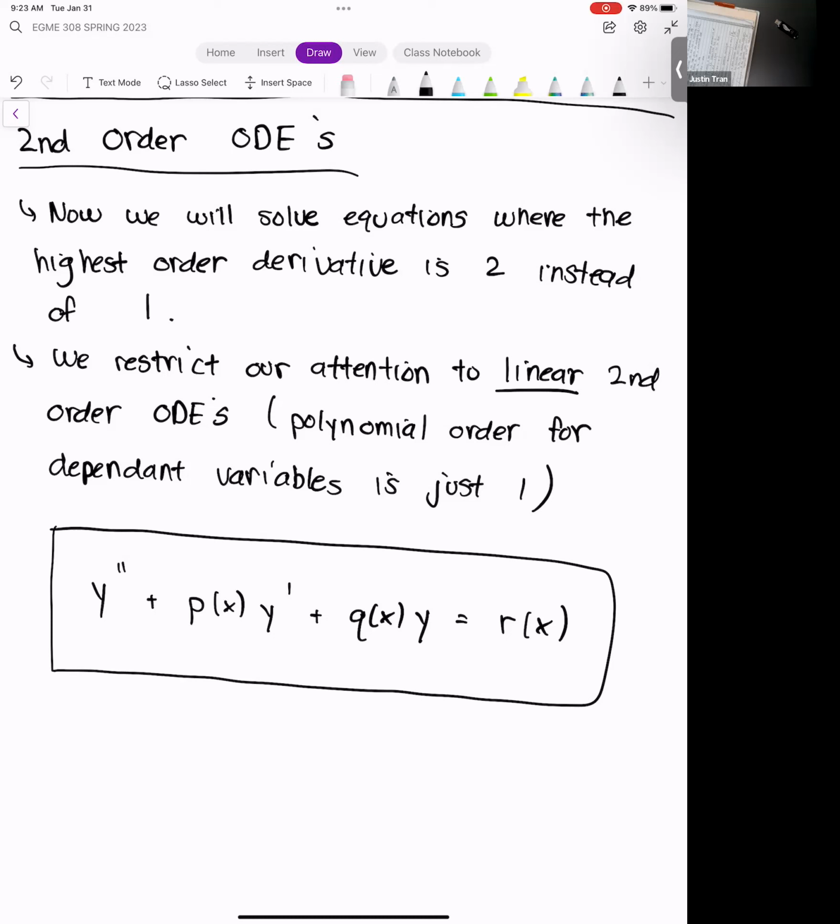Of course, all our coefficients here are only functions of x or constants. That's why we have p of x, q of x, and r of x. None of those are functions of y.